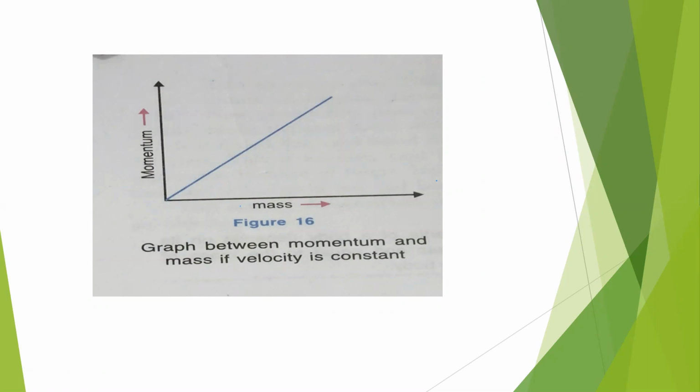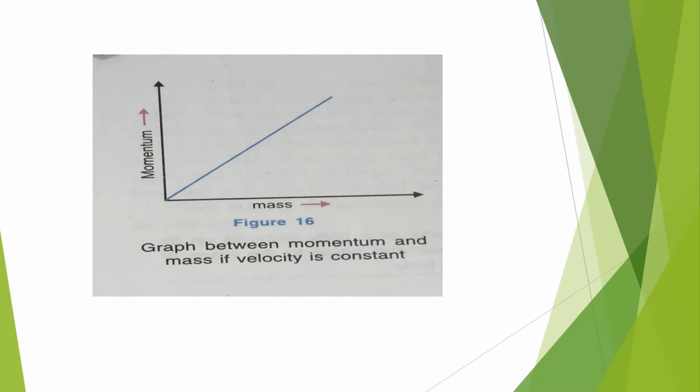Why is it a straight line? As we know, whenever a graph is a straight line passing through the origin, we can say that the x and y axis quantities are proportional to each other. That is, mass and momentum are proportional to each other. So this is the graph between momentum and mass when velocity is kept constant.